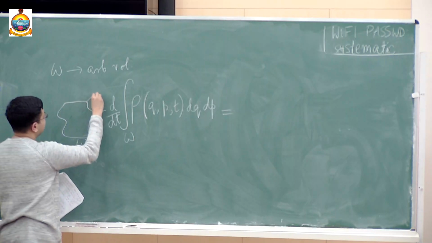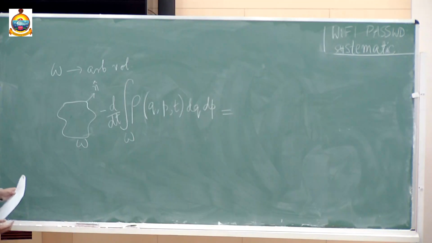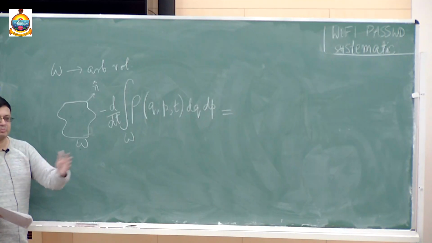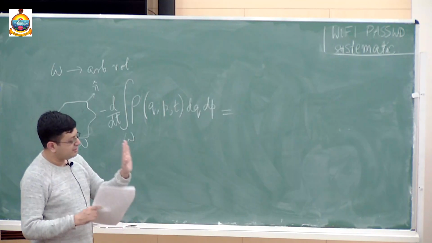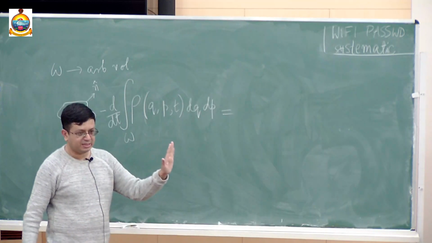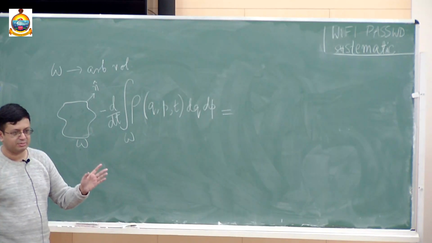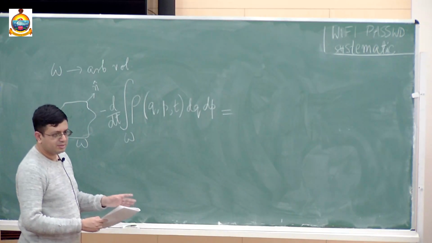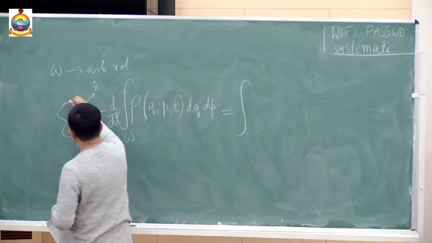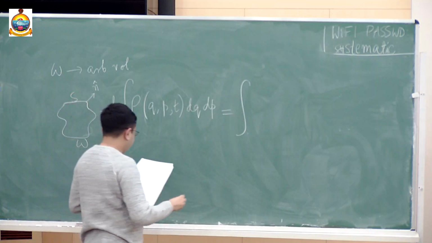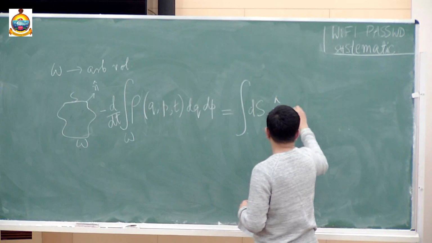Somewhere on this surface, if this is the unit vector, how do I calculate the number of points that have left? The number of points that have crossed a unit area perpendicular to the motion in unit time is the current. So I have to just compute the current or the flux. If I call this surface S, that will be equal to the integral over dS, let me just write.